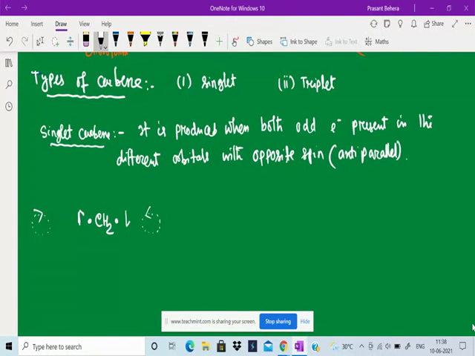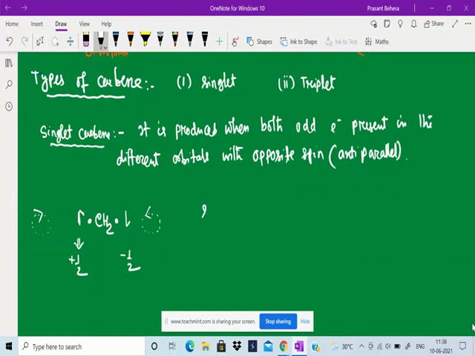If clockwise spinning is equal to plus half spin, then anti-clockwise spinning is equal to minus half, because they are in different orbitals with opposite spins.